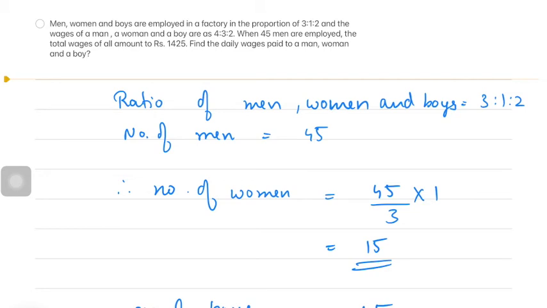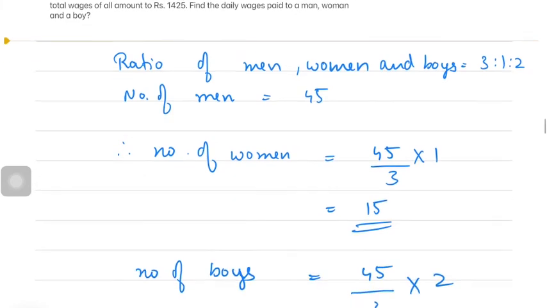Okay. And it's given that the wages of man, woman and boy are in the proportion of 4 is to 3 is to 2. Okay.